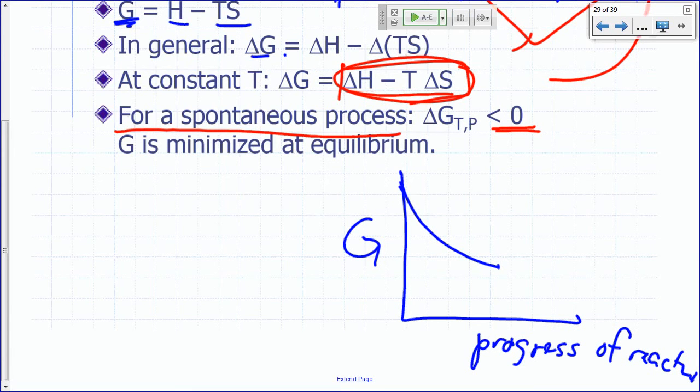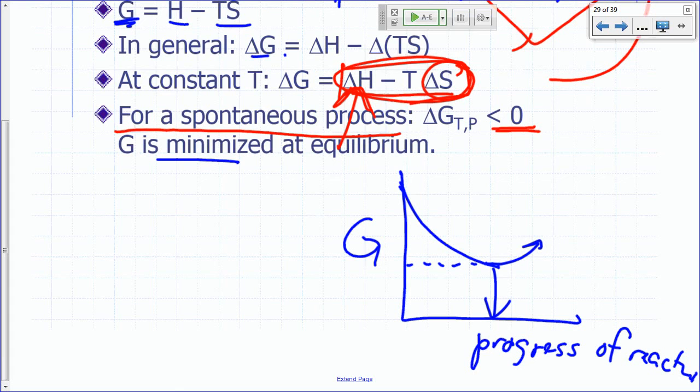Eventually a reaction will stop, right? So that means you must have reached a point at equilibrium where the G could no longer drop. That means if it were to continue beyond that, the G would have to rise, right? So we say then that G is minimized at equilibrium. This is where the Gibbs energy is minimized at constant temperature and pressure, where you've reached equilibrium. So this is the link between heat measurements, which you use to determine delta H and delta S, and equilibrium.